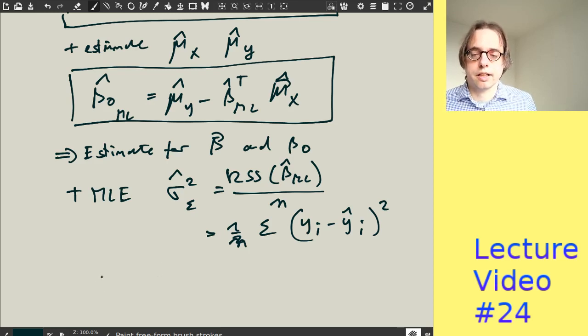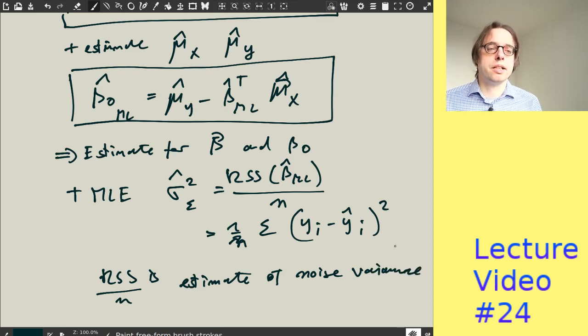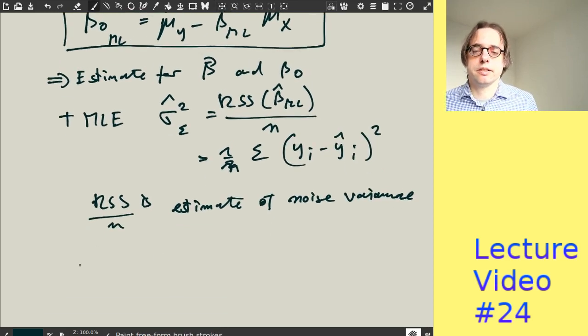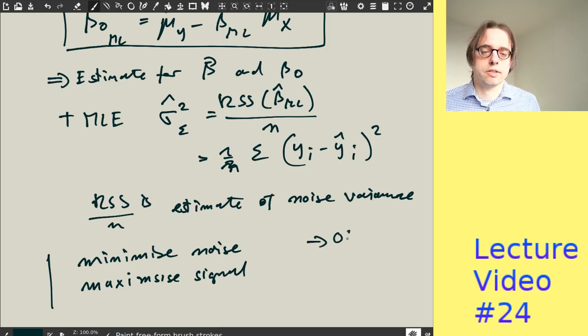So RSS is an estimate of noise variance. And of course what we do here is minimize the noise, maximize the signal, basically. That's what OLS is doing, and also what ML is doing.